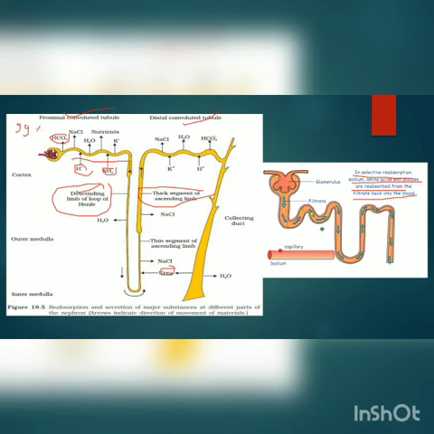So the descending limb allows the reabsorption of water, but as it is impermeable to electrolytes, no electrolytes pass through it. But in the next part, the ascending loop of Henle, it shows a different nature: the ascending limb is impermeable to the water but allows the transport of electrolytes actively or passively.